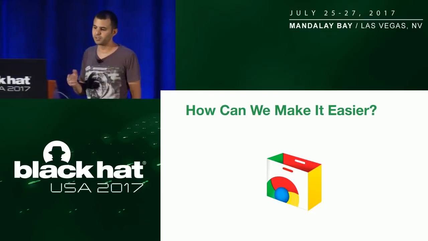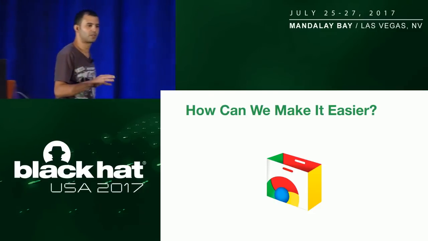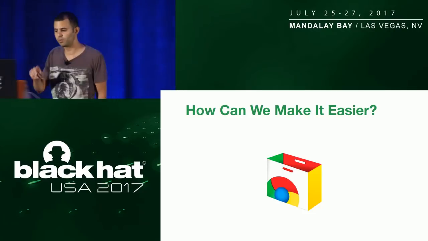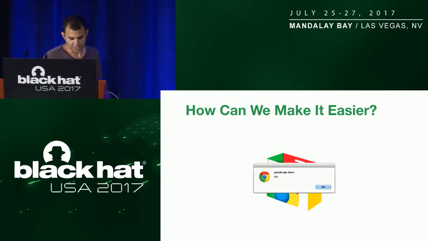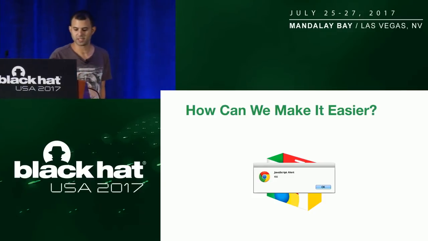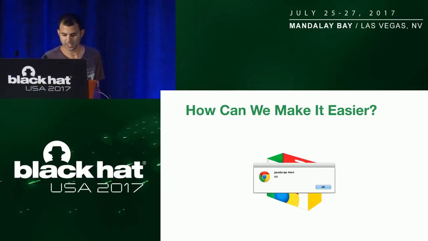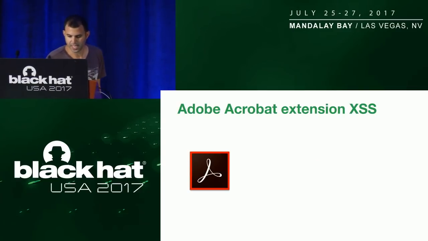Running JavaScript in the context of a web application, I know: XSS. So instead of explaining the difference between XSS in web pages and extensions, let's just have a look at some recent examples. The first example I want to show here is the Adobe Acrobat extension XSS.